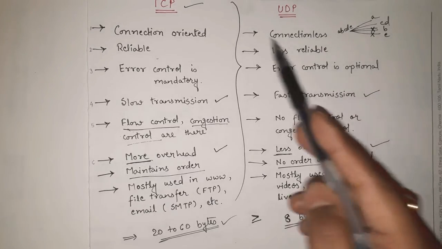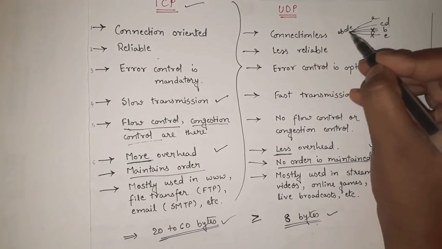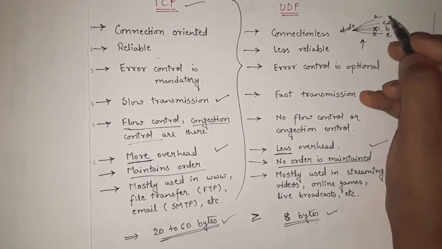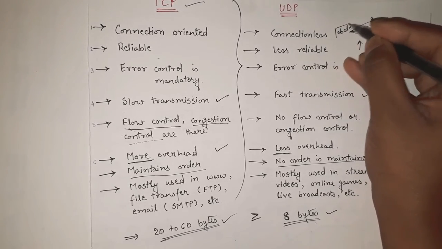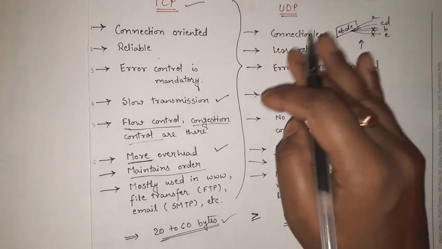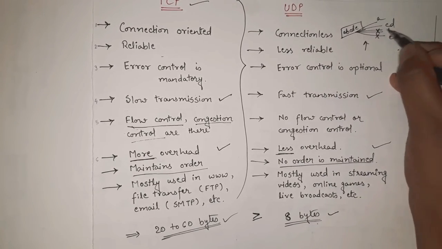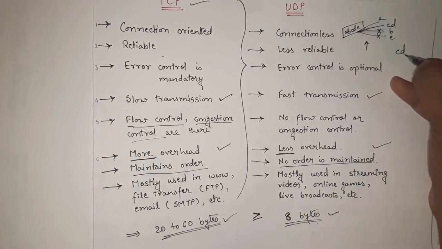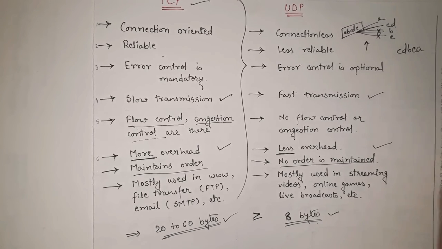But in UDP, it is connectionless, as I have told you here, so it is possible that through various different networks, A, C, D, B, E can transfer. It is possible that at the sender side you are sending A, B, C, D, E, but at the receiver side, CD may come first, B can come after that, E can come after that, A can come after that also.